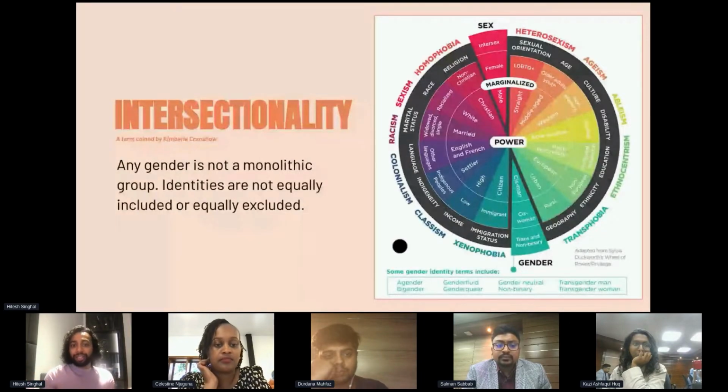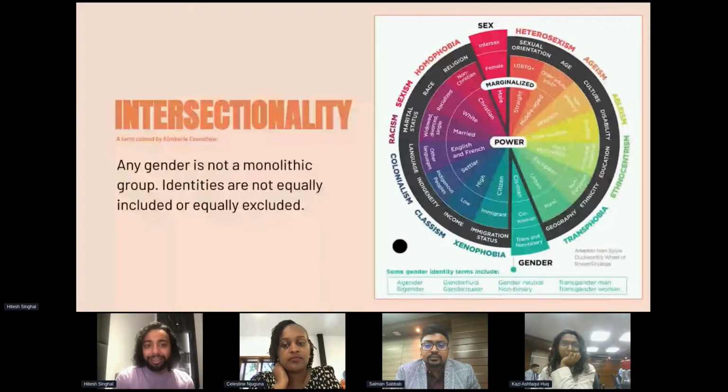The more that gender is integrated without considering these intersecting identities, the greater the risk of further marginalizing, further perpetuating the systems of oppression, and over time, further perpetuating inequality.